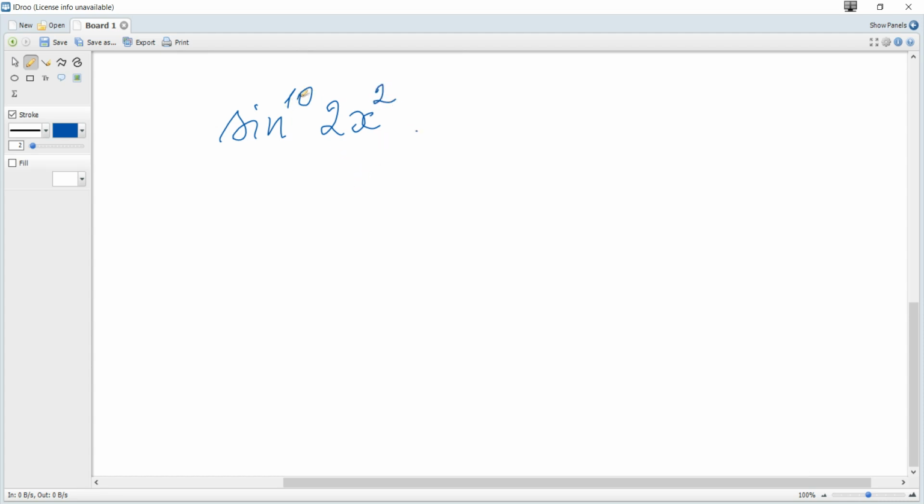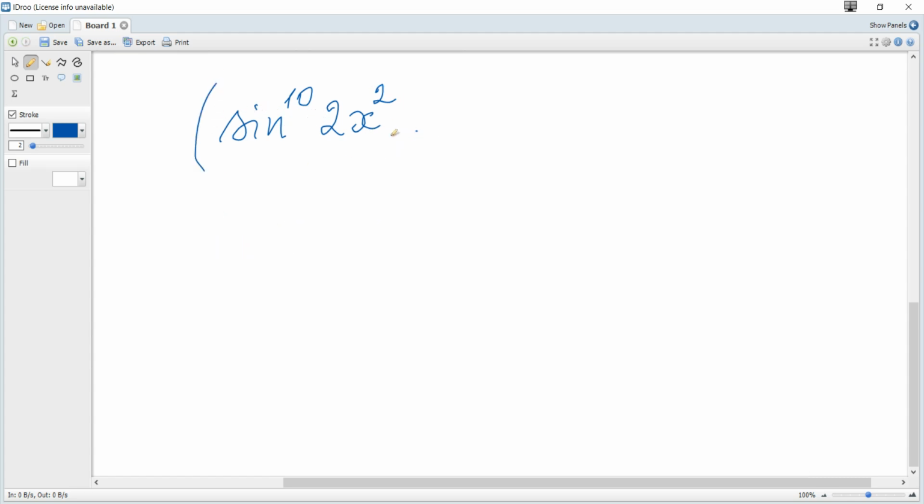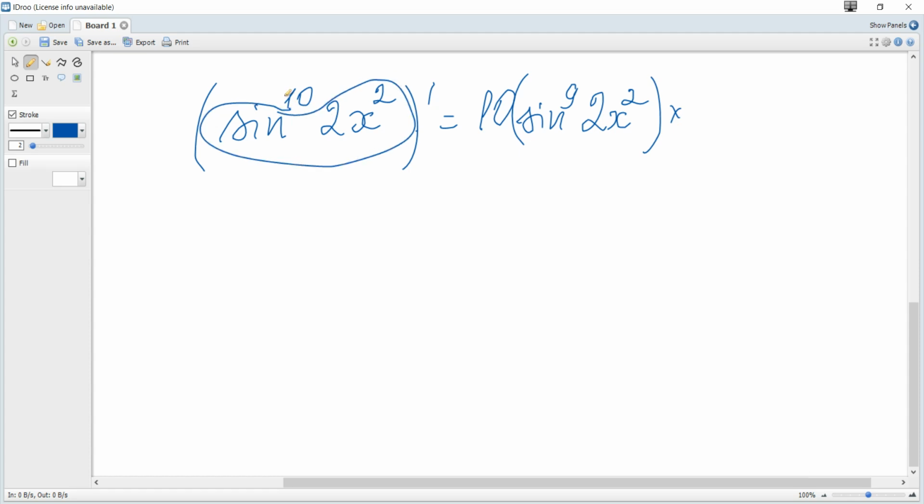You should do the rule for power firstly, so we apply the formula for the derivative of x to the power of 10, which is equal to 10x to the power of 9, but instead of x we just copy all these expressions without power, so the derivative is 10 sine to the power of 9 of the same argument, and multiplied by the derivative of sine 2x squared.